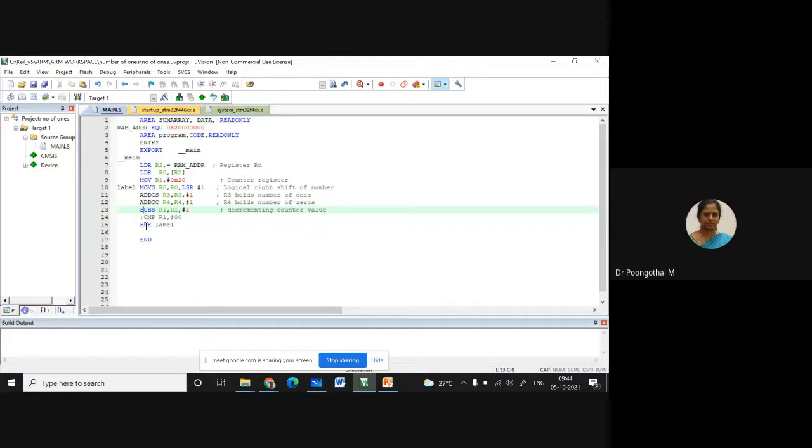If it is not equal to 0, repeat the process. If it is 0, you can store your results. So after execution, your R3 holds the number of ones and R4 holds the number of zeros.